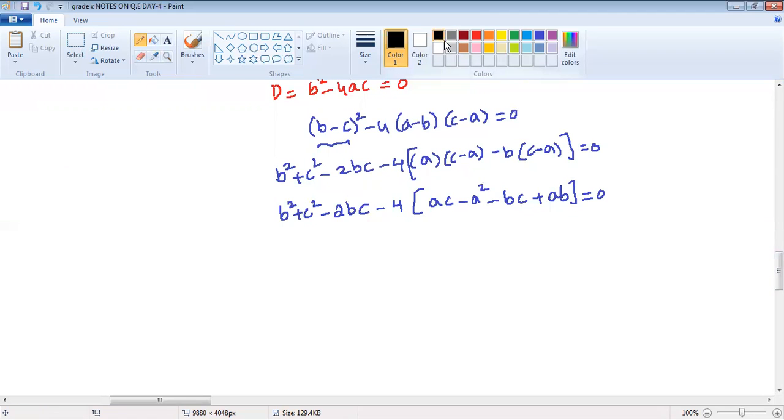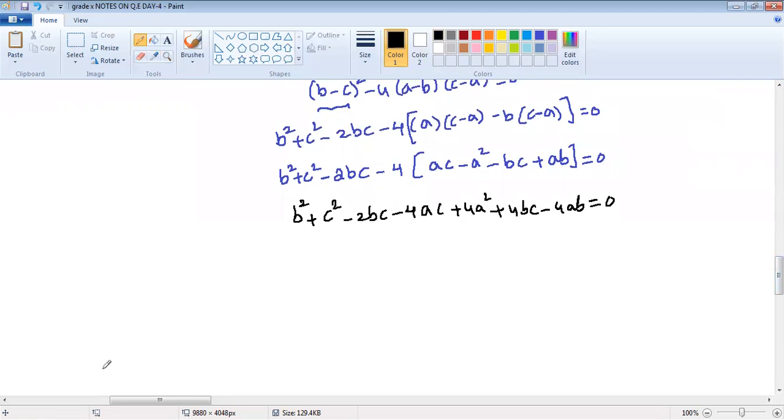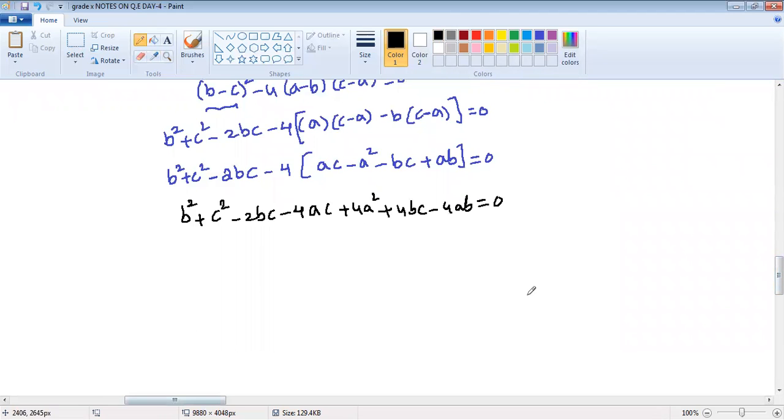Right. Okay. Now please open that one. b square plus c square minus 2bc minus 4ac plus 4a square plus 4bc minus 4ab, which is equal to 0. Are you clear? Yes, sir.